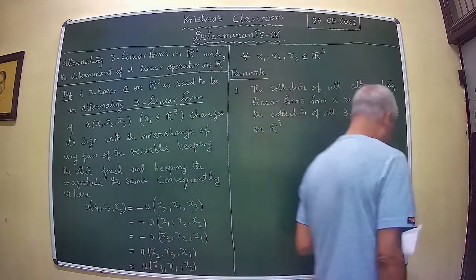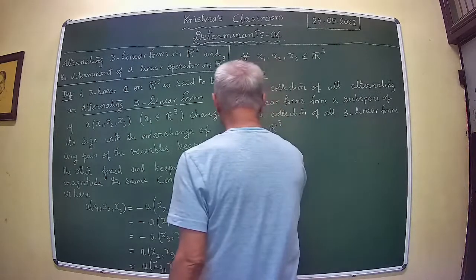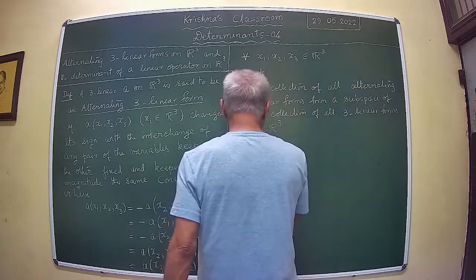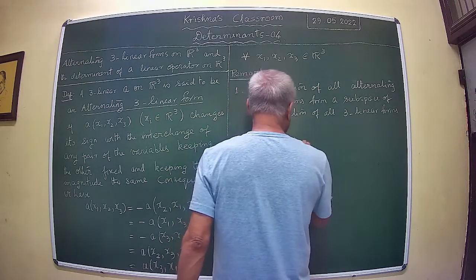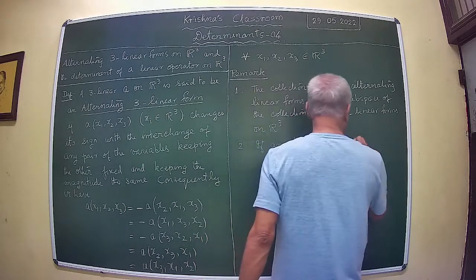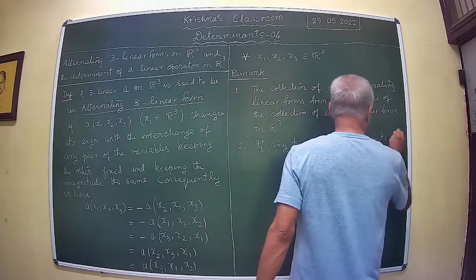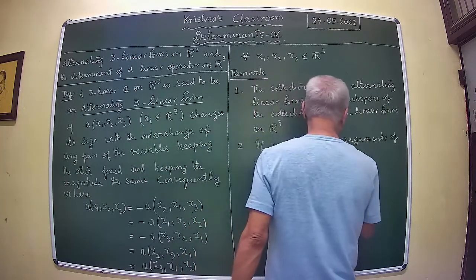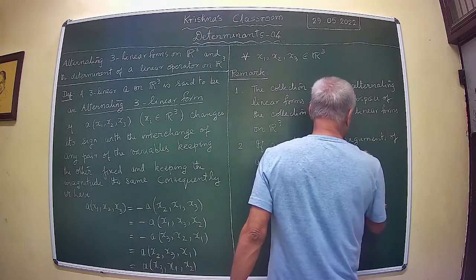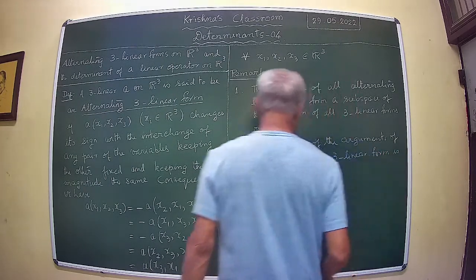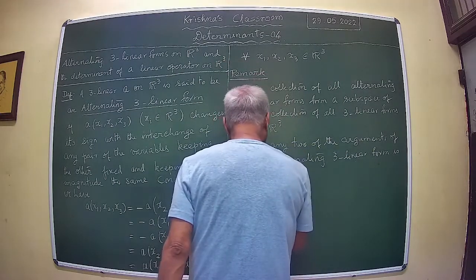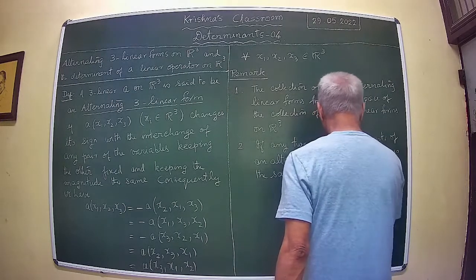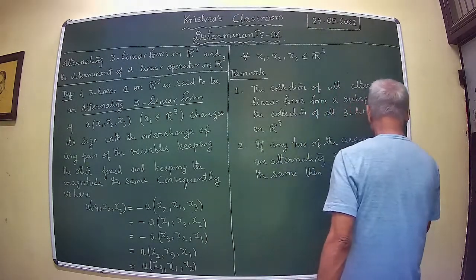This is trivial. And the second statement is this: if any two of the arguments of an alternating three linear form are identical, the same, then the form is zero.